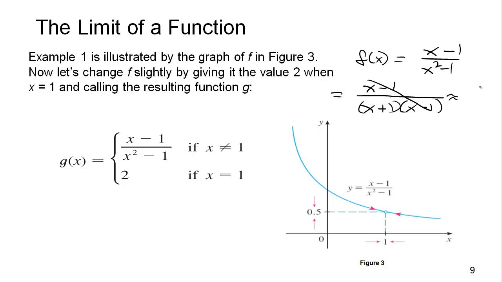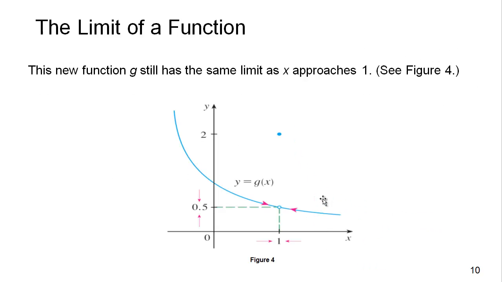They're not identical functions, but they're equivalent everywhere except at 1. Now if we look at this function and think about what happens as x goes to 1, you just plug 1 into this function, you get 1 over 2, which is a half.